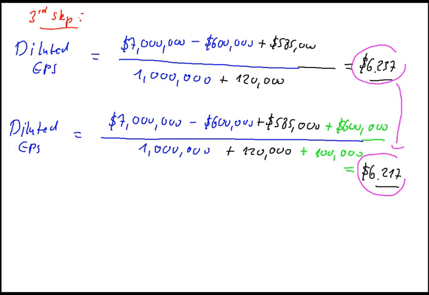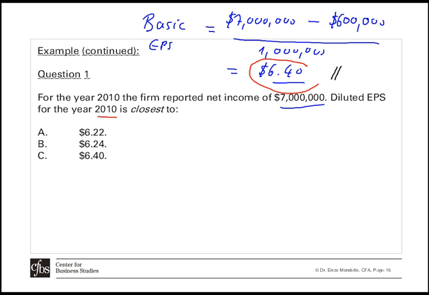So we know, therefore, that not only the convertible bond is dilutive, but also the convertible preferred stock is dilutive, because its inclusion will further lower the EPS figure. And diluted EPS is $6.217. Is this okay for all of you? So if I go back here very quickly, then you see that the correct answer would be answer A.